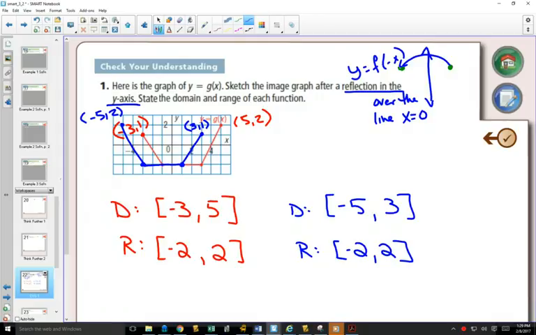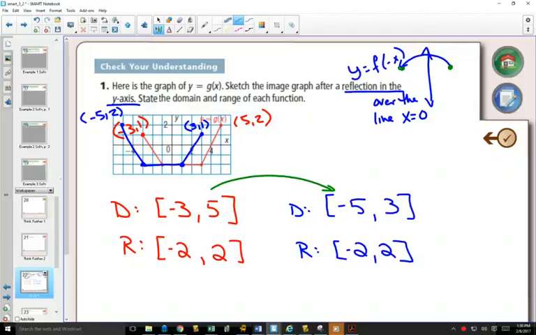Well, when we reflected over the y-axis, that was something that had a negative inside the function, which only affected the x values. So it would make sense that only your domain gets affected, and our range stays the same. And if you look at your domain, can you see that those values have been multiplied by a -1? Instead of going from -3 to 5, now we're going from -5 to 3.